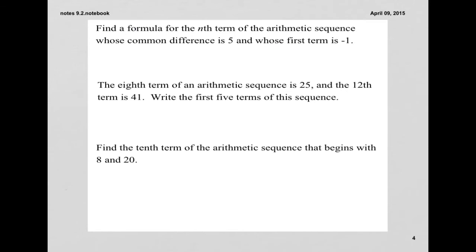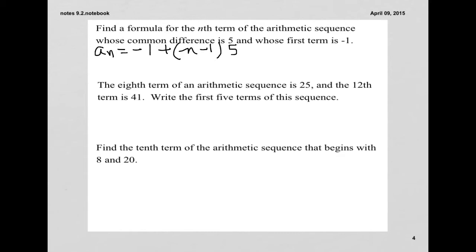Okay, the first example: find a formula for the nth term of the arithmetic sequence whose common difference is 5 and whose first term is negative 1. So we want to find a sub n equals. So a sub n equals, and our first term is negative 1, plus n minus 1 times my common difference, which is 5.